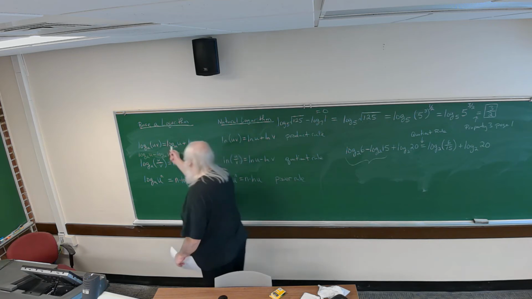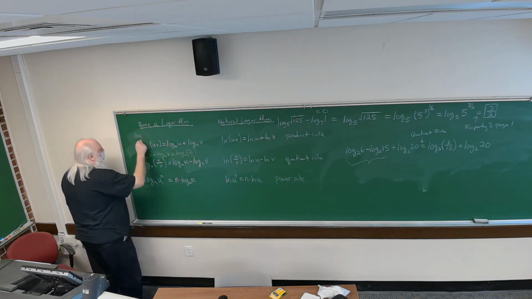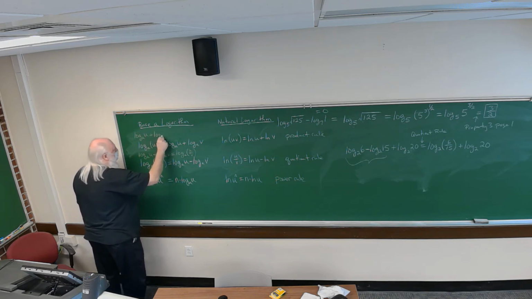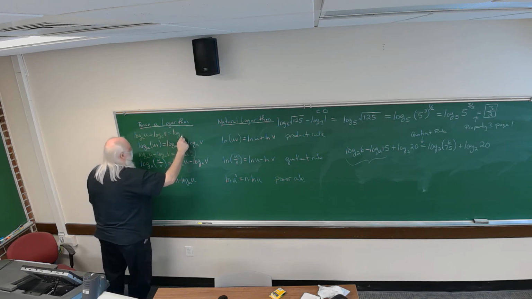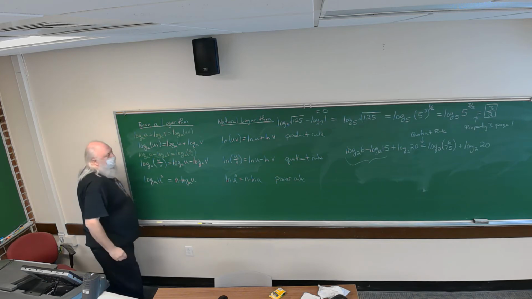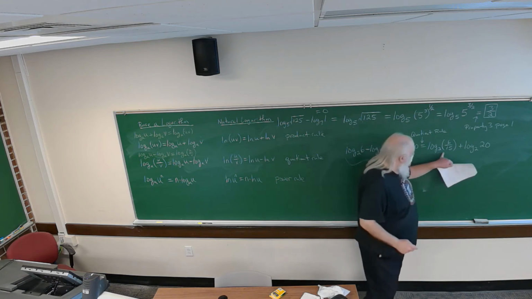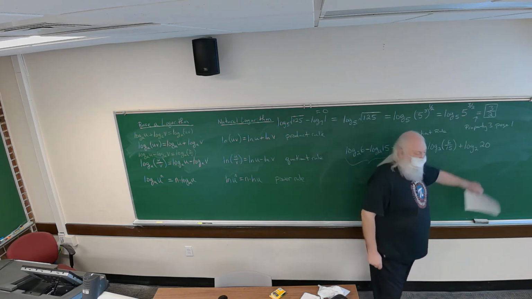If I flip the two sides of the product rule, I have log base A of u plus log base A of b is equal to log base A of u times b. So applying the product rule, this is equal to log base 2 of 6/15 times 20.